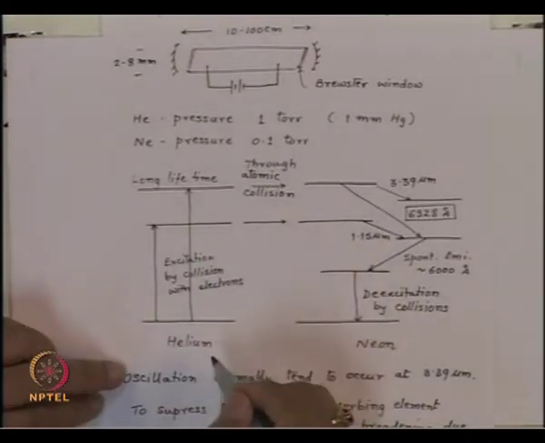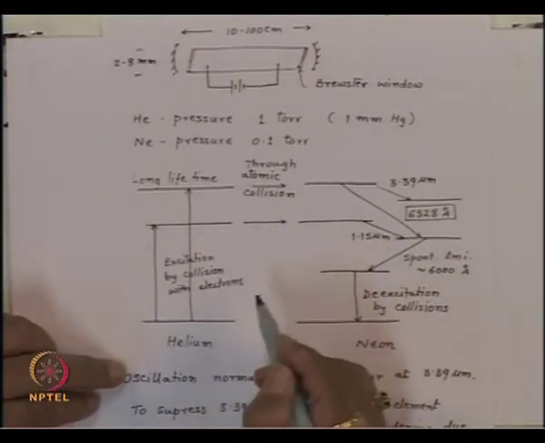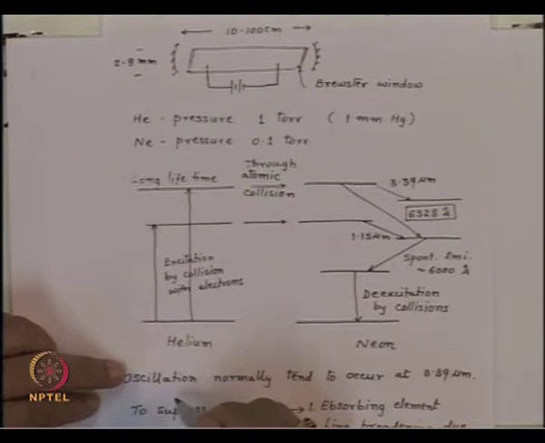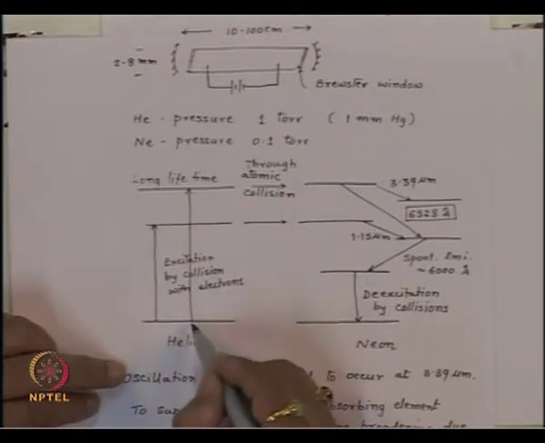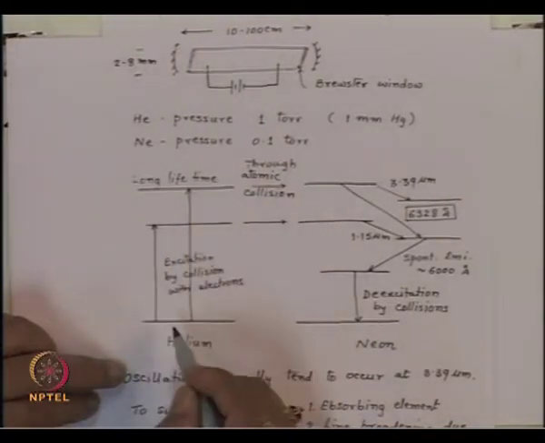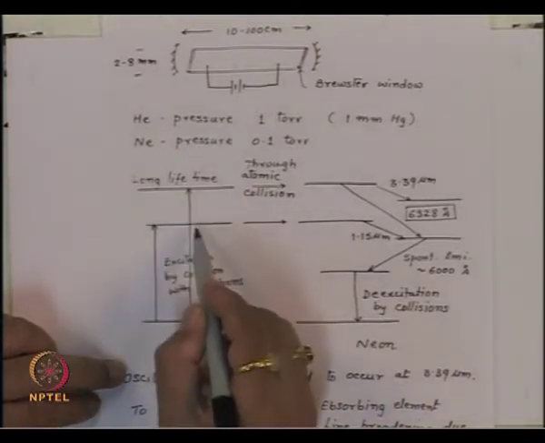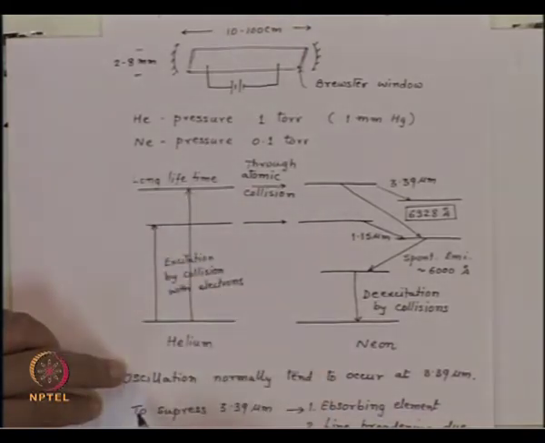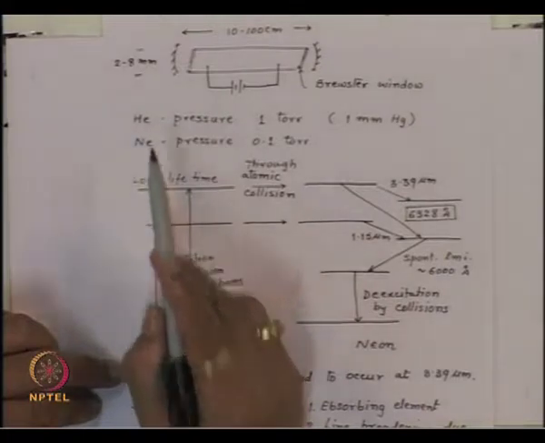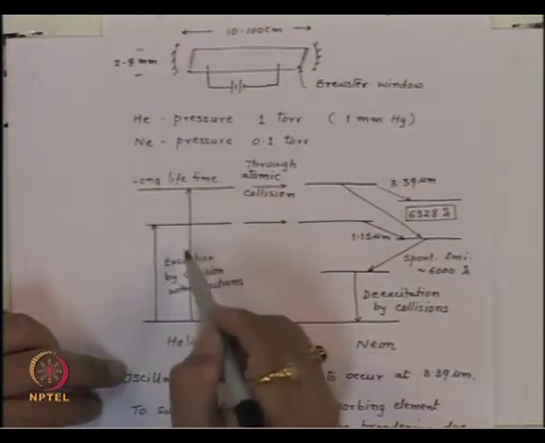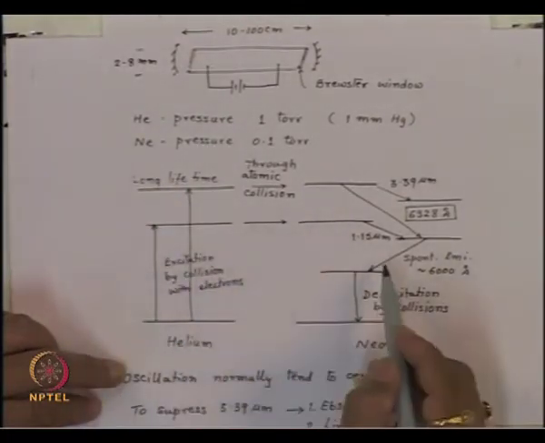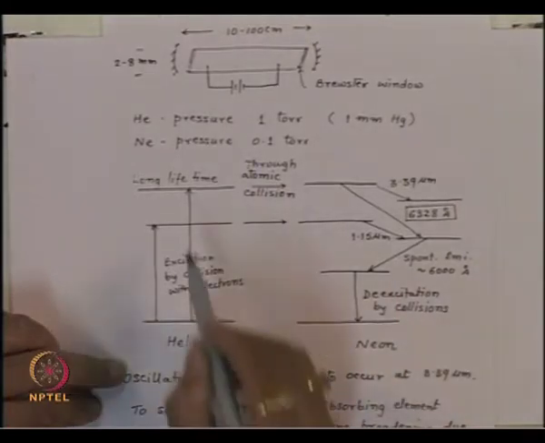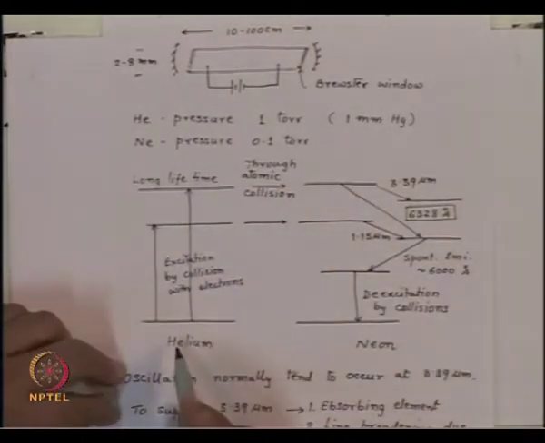So, what the discharge does, it essentially supplies energy to the helium atoms, and the helium atoms are excited and they have a very long lifetime in these energy levels. But since we are having a mixture of helium and neon, these helium atoms collide with the neon atoms and impart energy to the neon atoms.